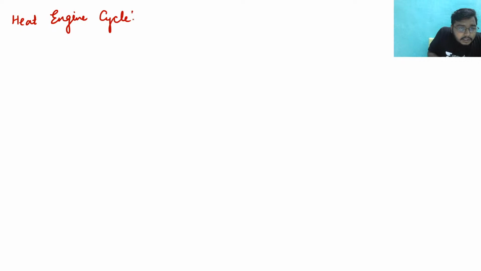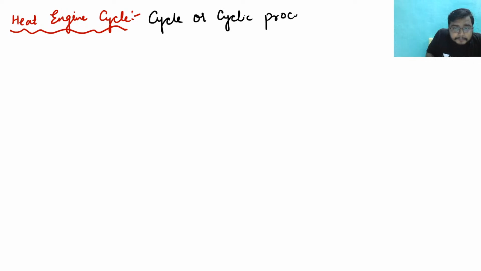Now the next most important thing is the heat engine cycle. First of all, you have to understand what a heat engine cycle is. It is a cycle or cyclic process where heat is converted into work.